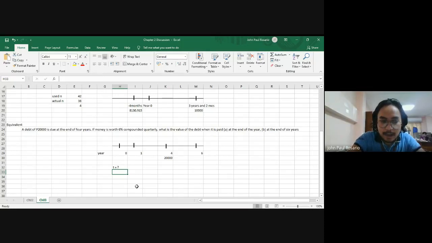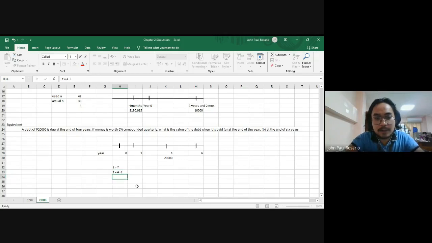The year t is simply year 4 minus 1, or t is equal to... no. To know whether to use present value or future value, follow the timeline.